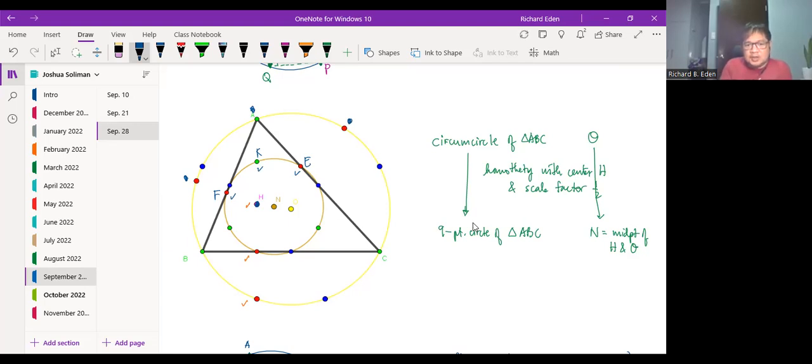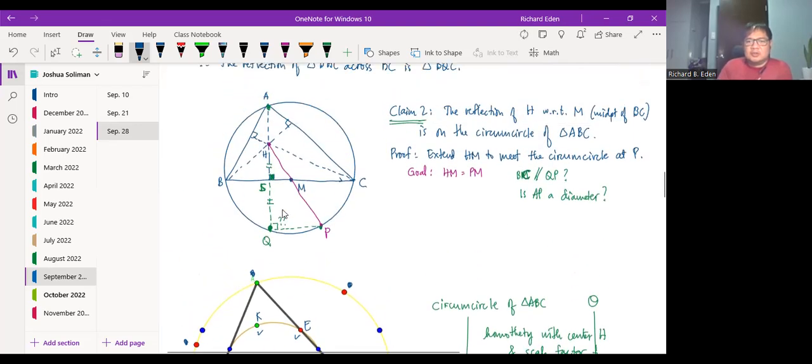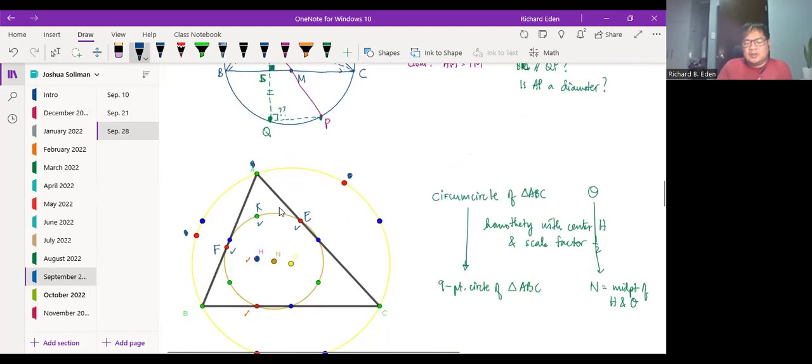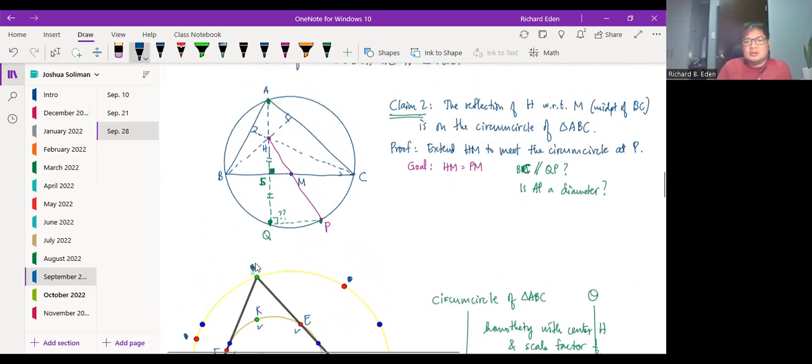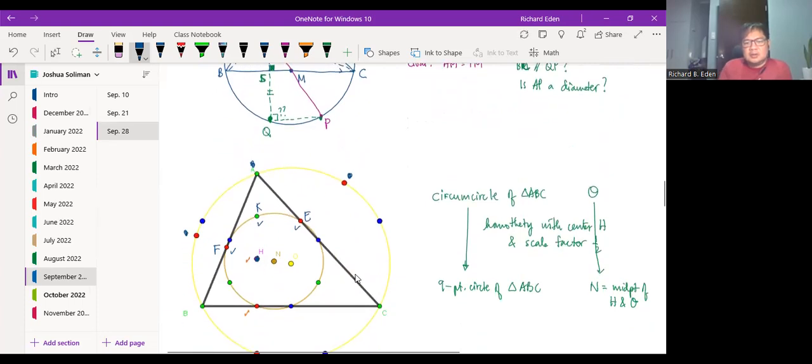Tapos nung red, nung nasa blue circle, it's just the reflection of the orthocenter H with respect to the side. So actually, kung ganon, this is the extension of the altitude. The extension of the altitude.